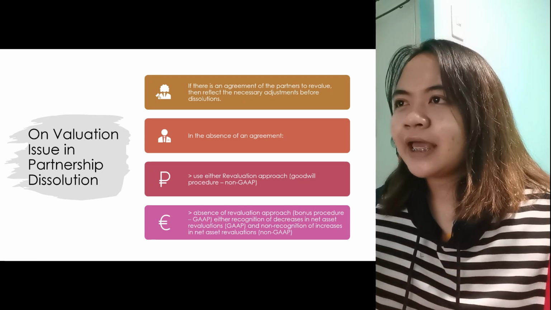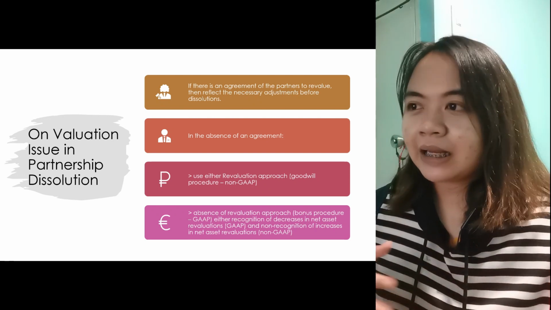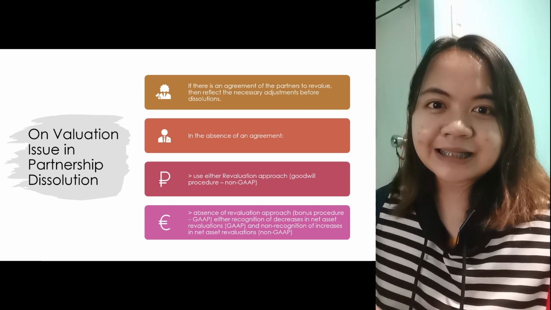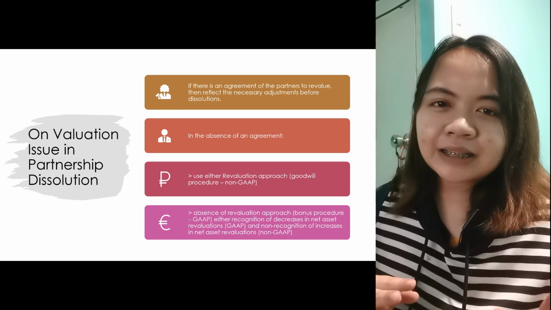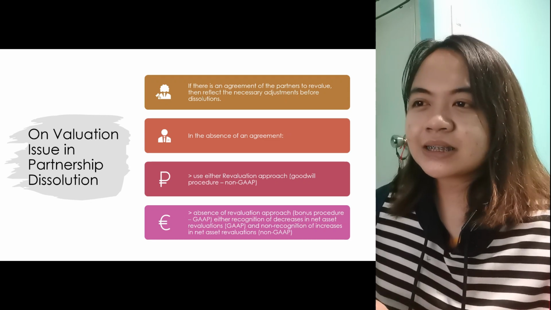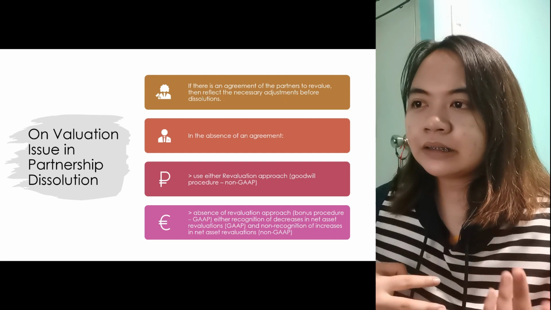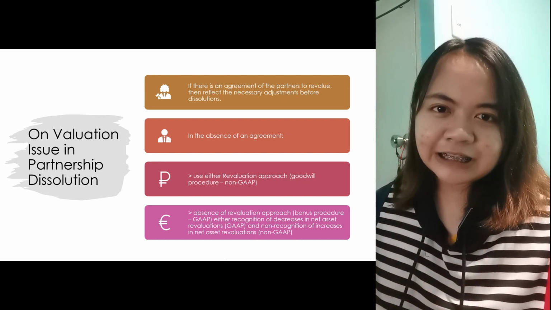Then, the other belief is the absence of revaluation, the bonus procedure. That's the GAAP. In the bonus procedure, you recognize decreases in net assets, and you have non-recognition of increases in net asset revaluation. That's non-GAAP.